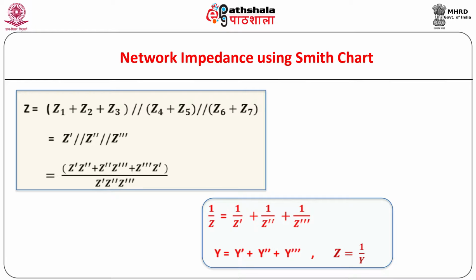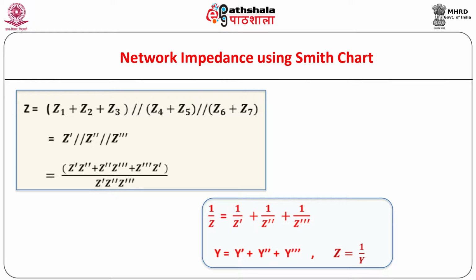However, the next step, namely to compute the effective impedance of the parallel combination of Z', Z'' and Z''' directly is rather cumbersome. In such a case, if we use the admittances, we can compute Z as shown.